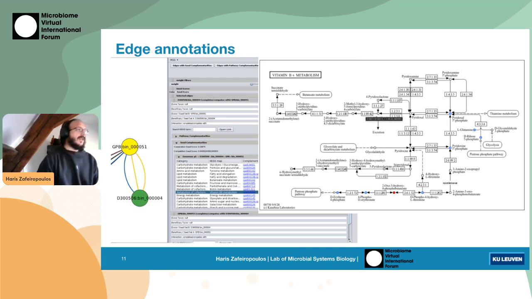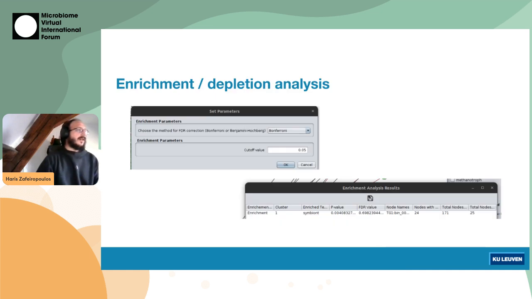When it comes to the edge annotations, then you get some matrices like the ones you can see over here that pop up for every annotated edge. And using the URLs that we provide here, you can jump into the KEGG database and see what was missing and what is a potential complementarity for this pair of taxa.